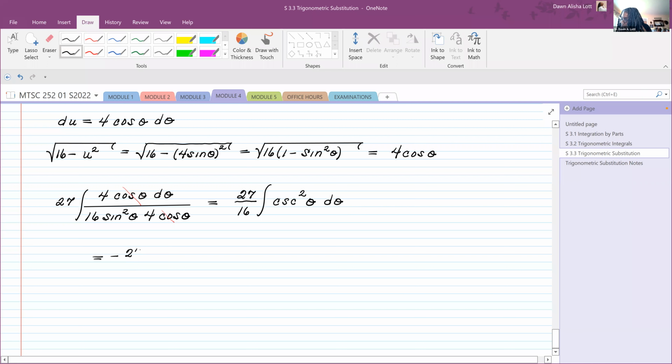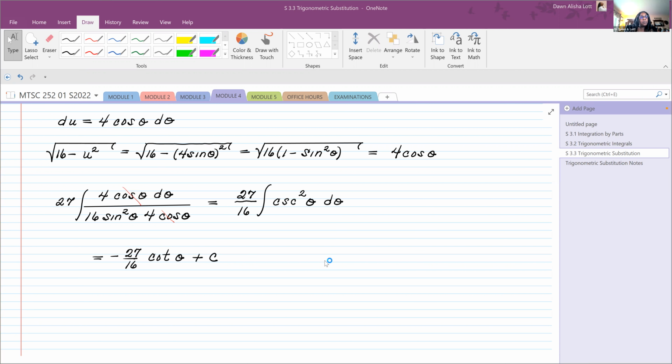Negative 27 over 16, the cotangent of theta plus C. Okay, where do we go from there?